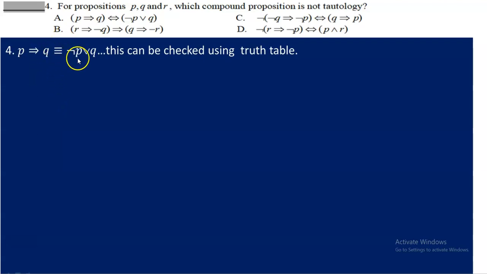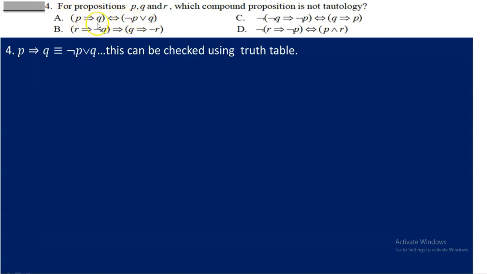So if these two are equivalent, the question says P implies Q, negation P or Q. If two compound propositions are equivalent, then the biimplication of these two will always be true. Because if this is false, this is again false, and we know that the biimplication of false and false makes true.